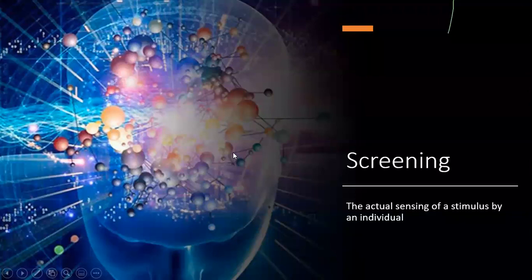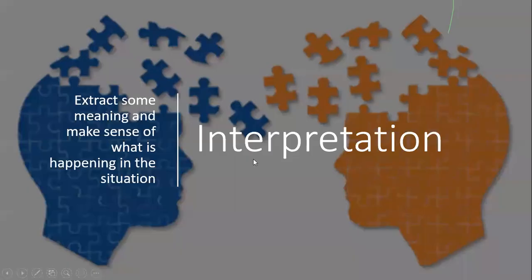And so let's look at them one by one. The first one is screening, which is the actual sensing of a stimulus by an individual. So your senses will feel something and you give attention to that experience at that time. Then after that, you interpret: you extract some meaning and make sense of what is happening in the situation. So you try to interpret, what am I seeing? Is it good?